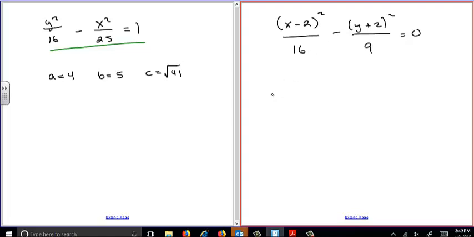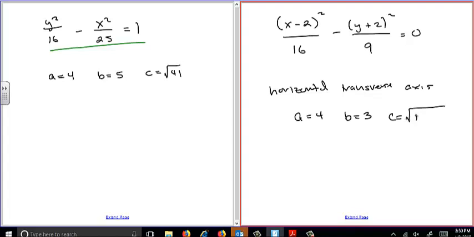So from the sign, I have a horizontal transverse axis. Now, the transverse axis is associated with the x direction. So a, in this case, is 4, and b is equal to 3, square root of 16, square root of 9. c is equal to the square root of 16 plus 9, which is square root of 25, which is 5.